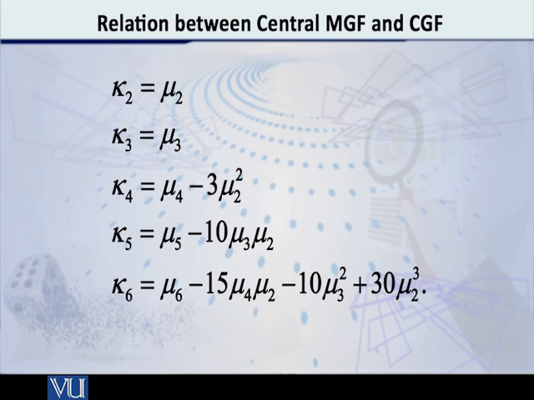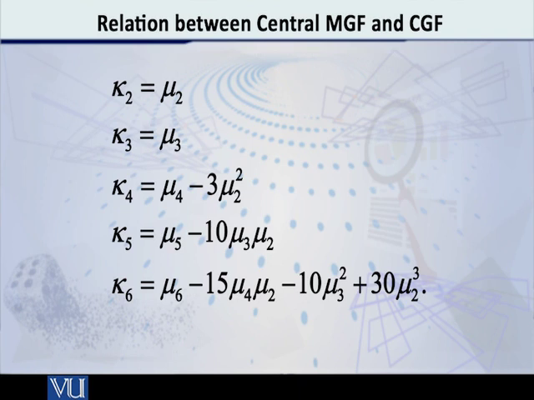Similarly, kappa 5 can be proved to be equal to mu 5 minus 10 times mu 3 into mu 2. And kappa 6 is mu 6 minus 15 times mu 4 into mu 2 minus 10 times mu 3 square plus 30 times mu 2 cube.